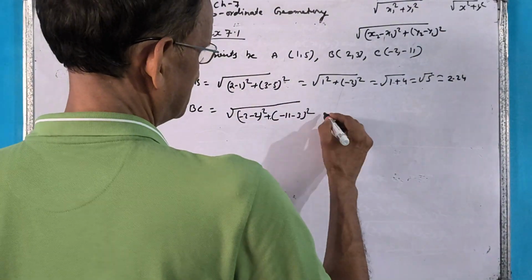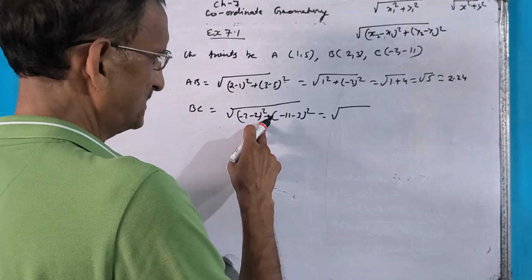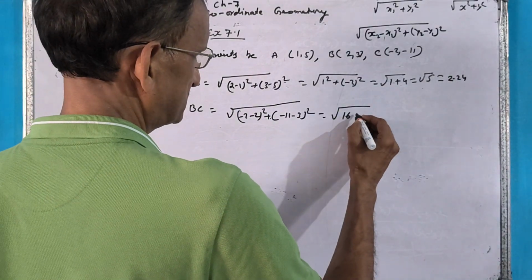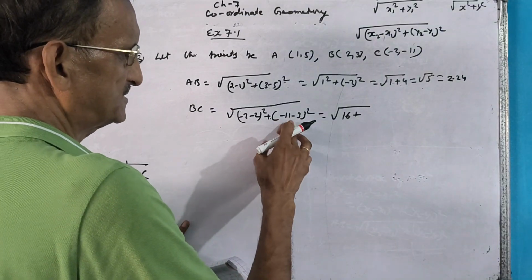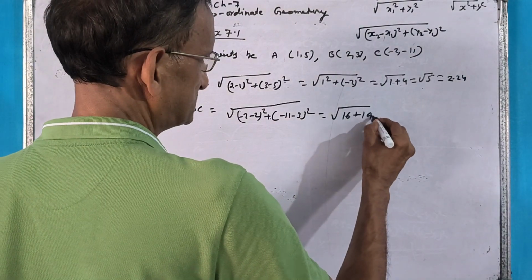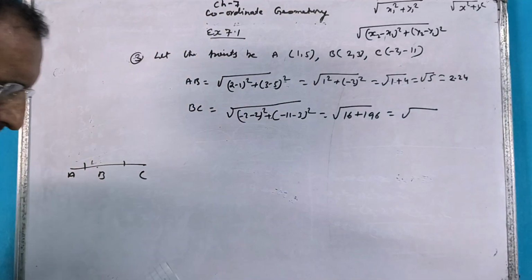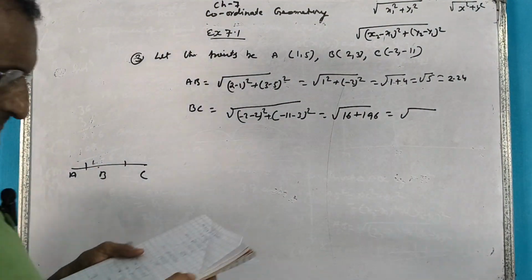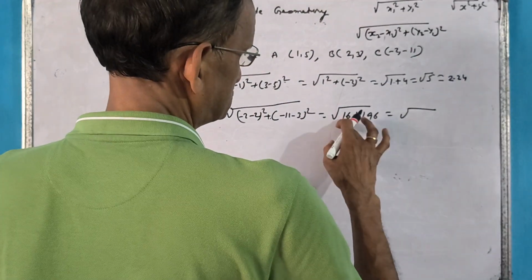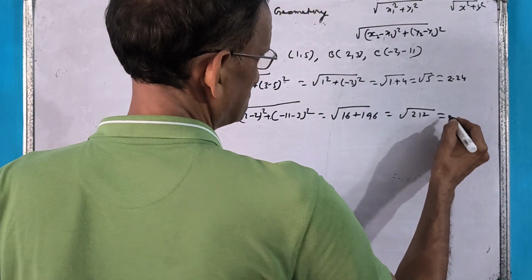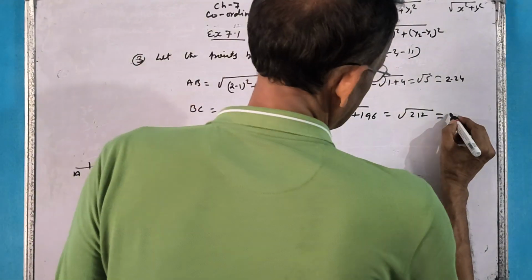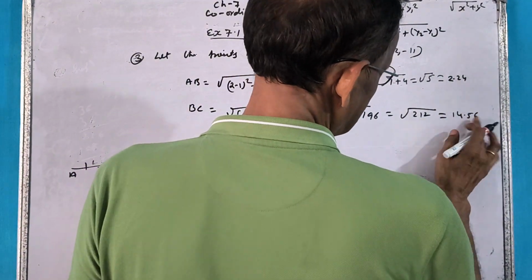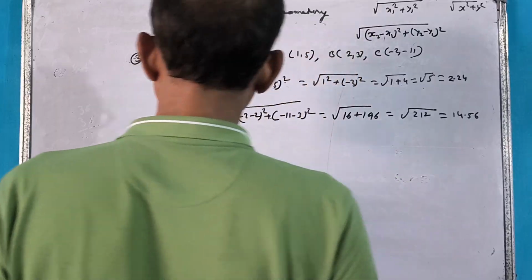How much will you get? (-2 minus 2) is -4, whole square is 16, and here (-14) whole square will be 196. Then add up: 16 plus 196 is 212. Approximate square root, you can calculate: 14.56, up to the correct second decimal place.